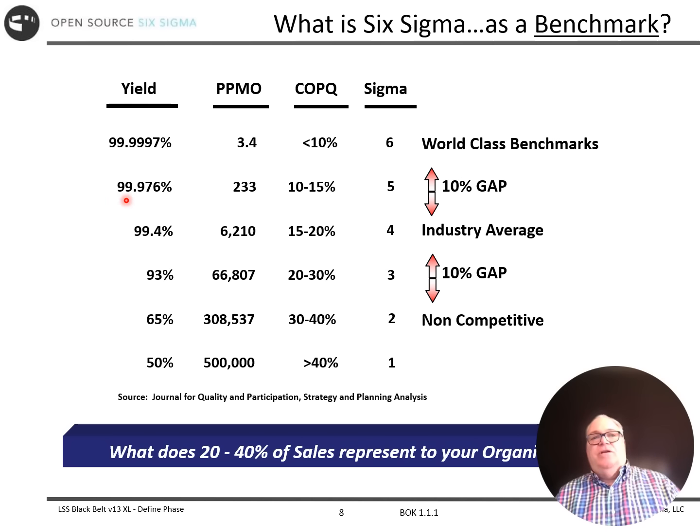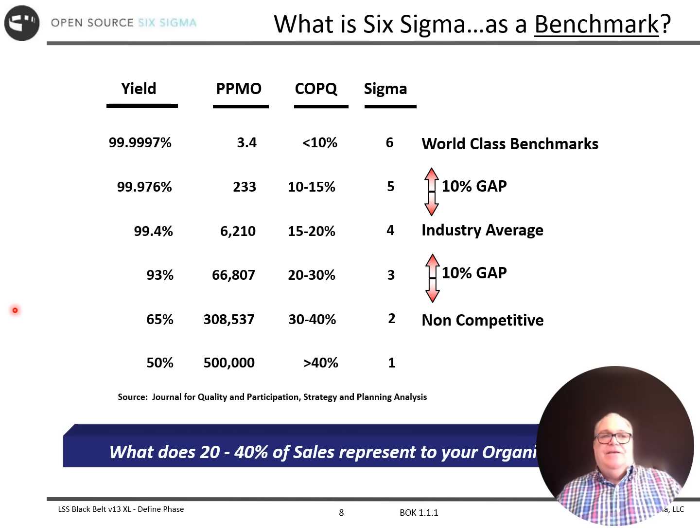So you can imagine the advantage of a company that has less than 10% waste built into its process versus a company that's got 20 to 30%, and what an advantage that would be out in the marketplace.